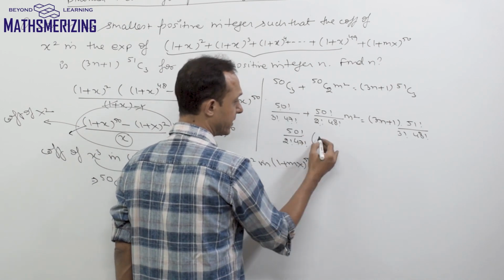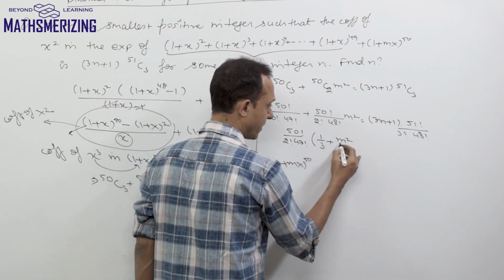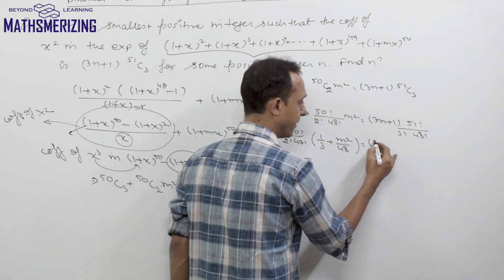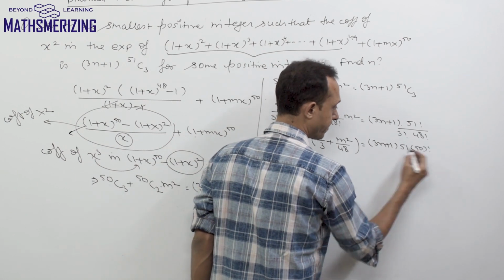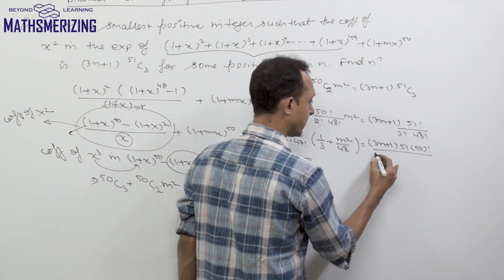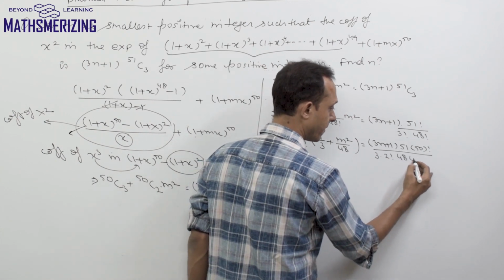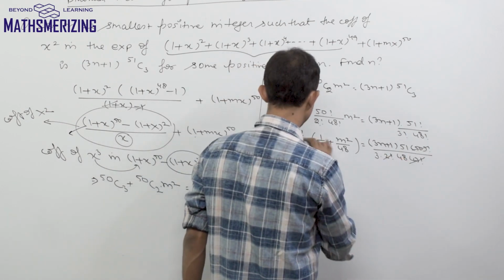So what I'm left with is 1 by 3, and here I'll get m^2 by 48, and here I'll write 3n plus 1. So this is 51 into 50!, and this is 3 into 2!, and this is 48 into 47!. So 47!, 2!, 50! will cancel.